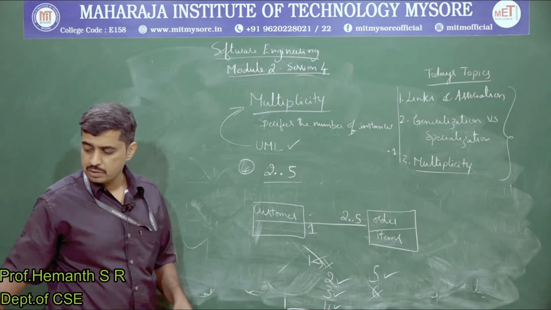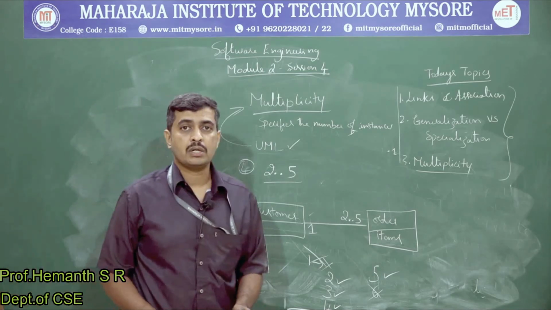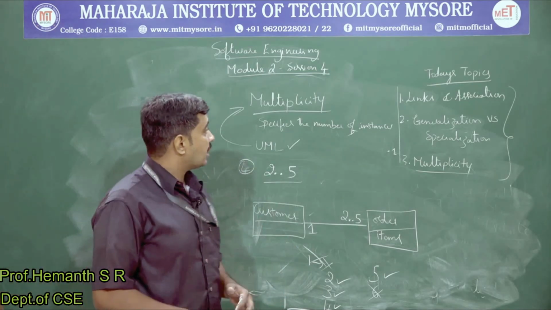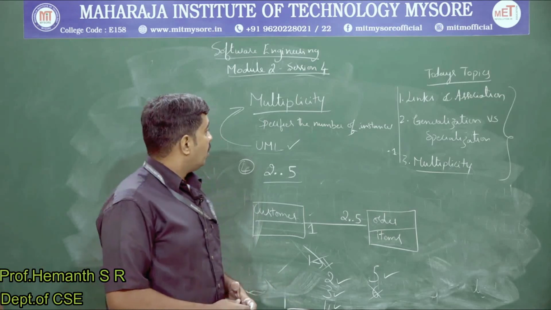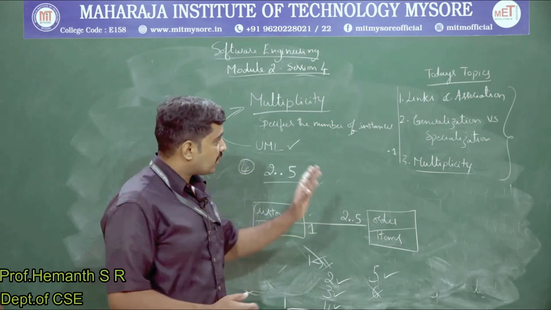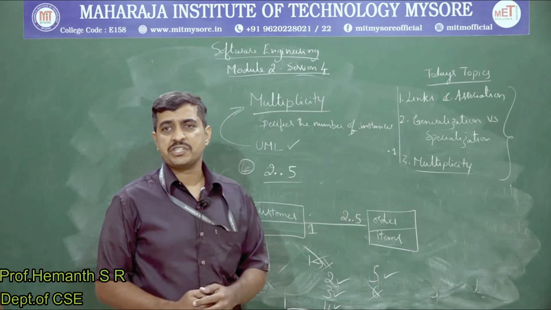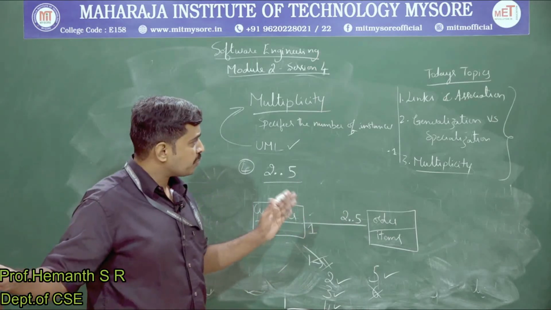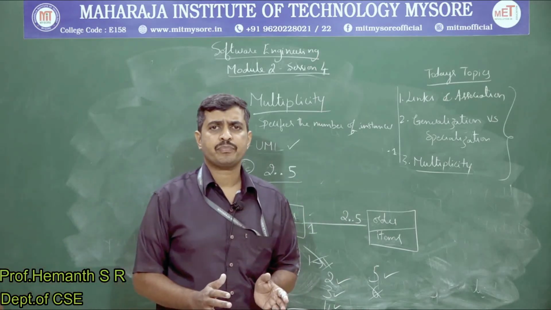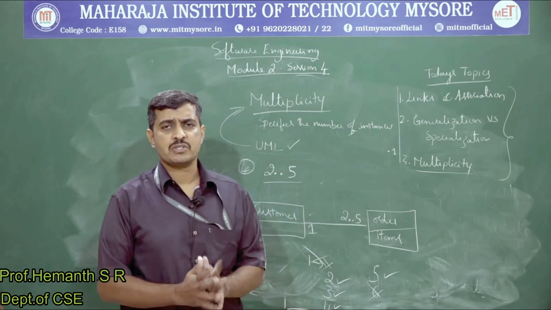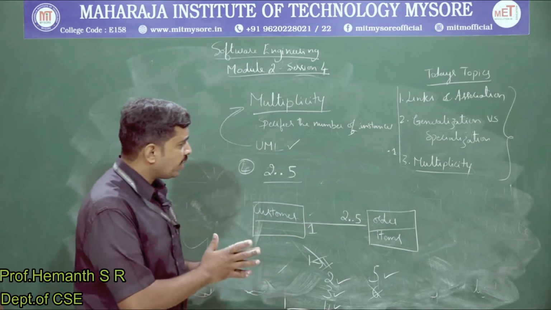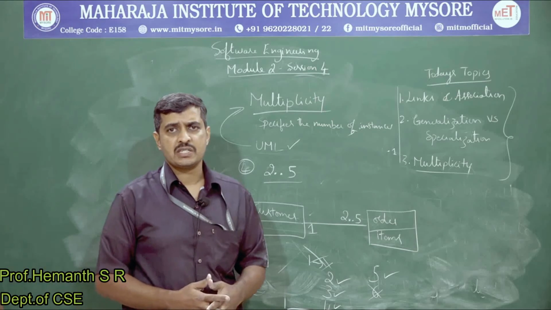So this was integer range. In today's session we saw a few more aspects of class modeling. We explored what is generalization, what is specialization, how using generalization and specialization we can create a more general class which is a super class, or we can create subclasses which are more specialized.